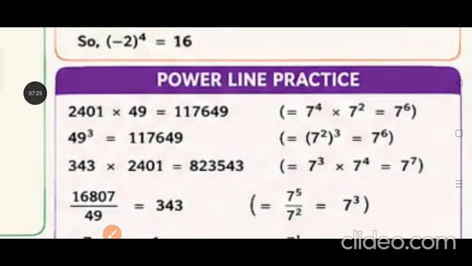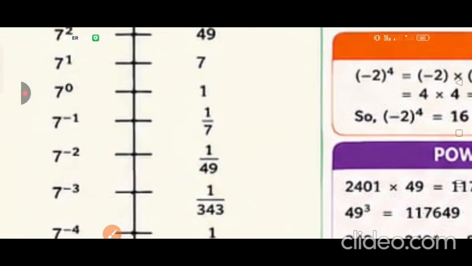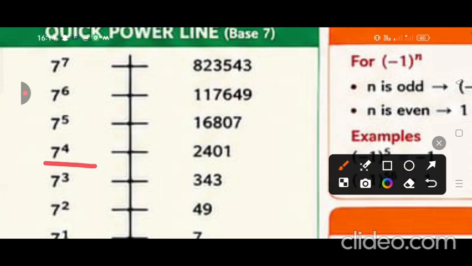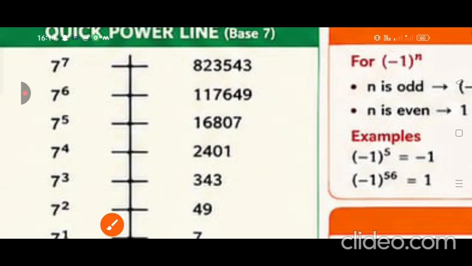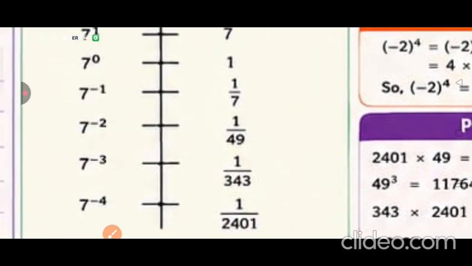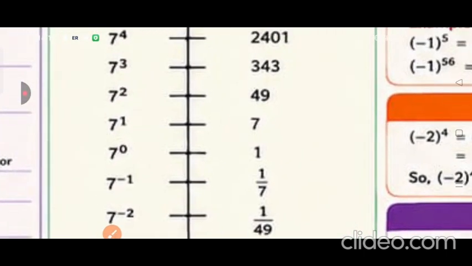Now in power line, if we multiply 2401 by 49, we get 117649. And 2401 is taken as 7 raised to the power 4. And 49 is taken as 7 square.